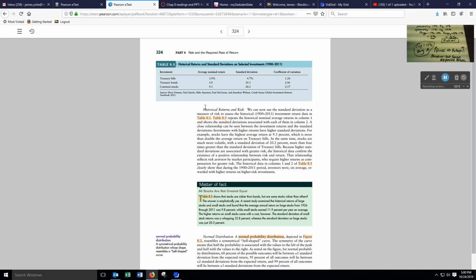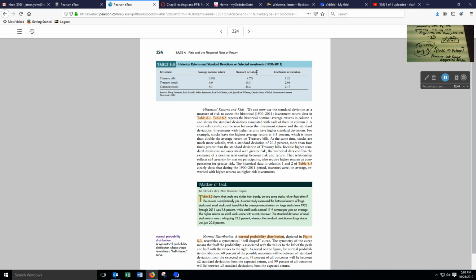Excuse me, 8.5 repeats the historical nominal average returns in column 1 for these three different types of investments: treasury bills, treasury bonds, and common stock. So if you look here, the average nominal return between 1900 and 2011 is 3.9% for T-bills, 5% for bonds, 9.3% for common stock.